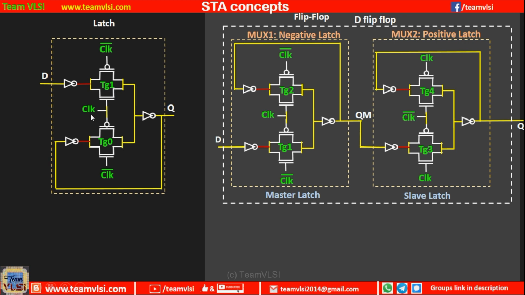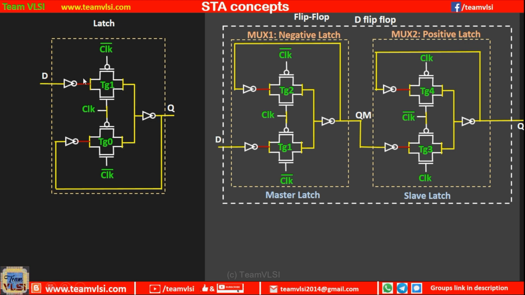But when the clock goes high, the NMOS of this transmission gate turns on, and at the same time the PMOS also turns on. So a complete path will be built like this, right?